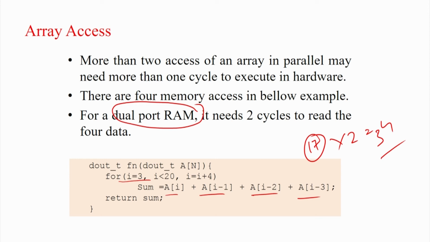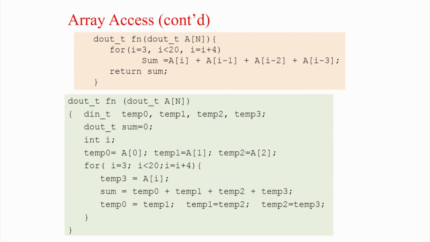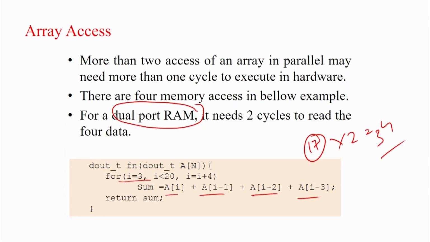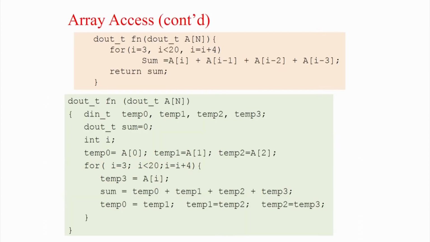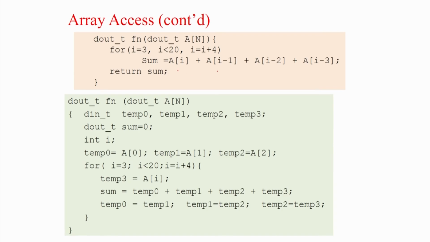But you can see here that the array indexes are reused. In the first iteration I am reading A3, A2, A1 and A0, that is locations 3, 2, 1, 0.